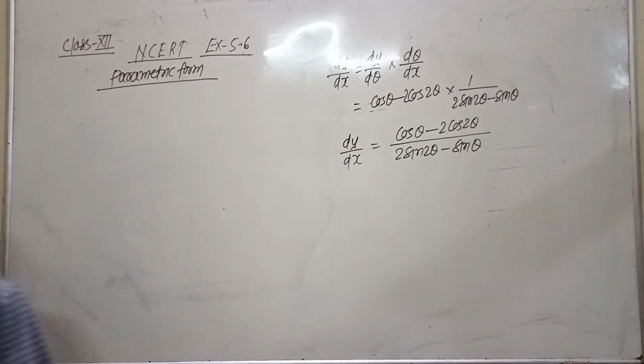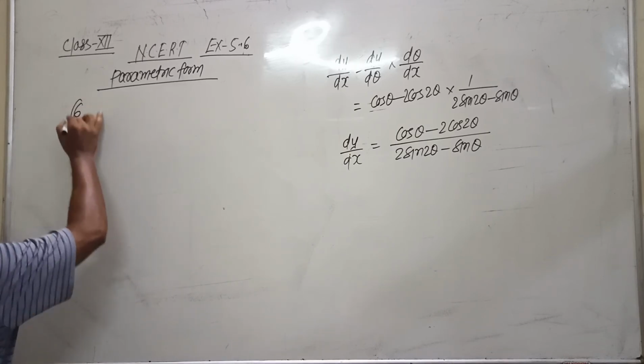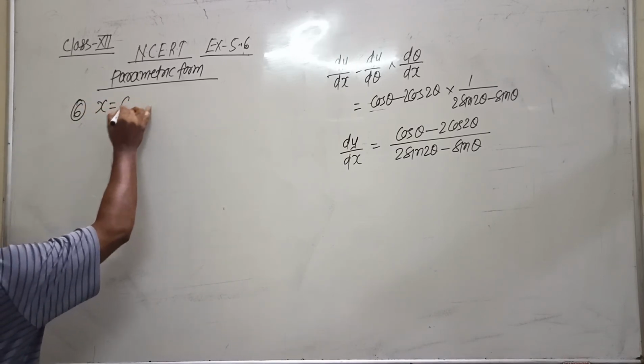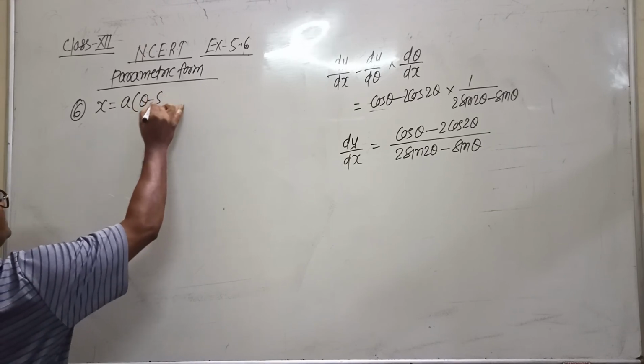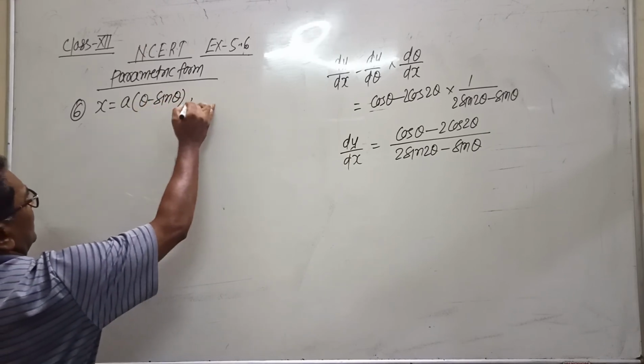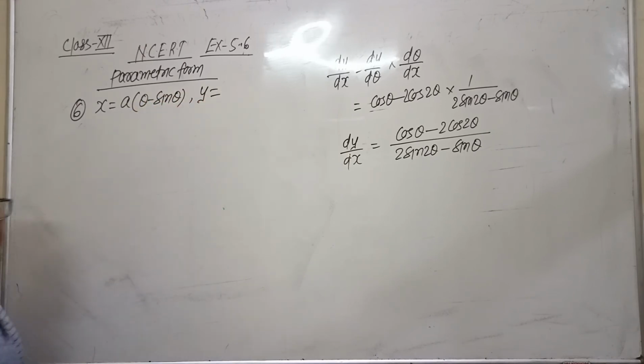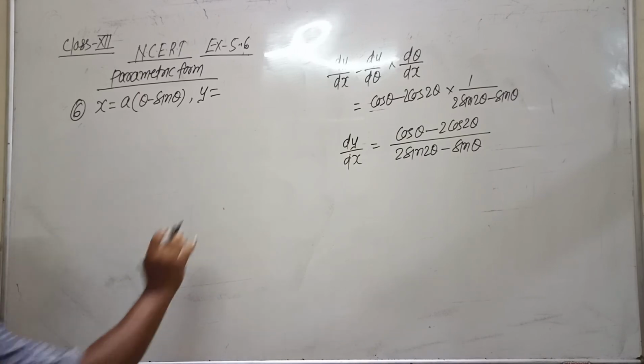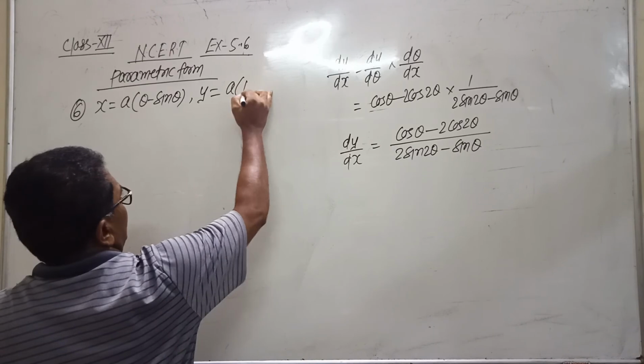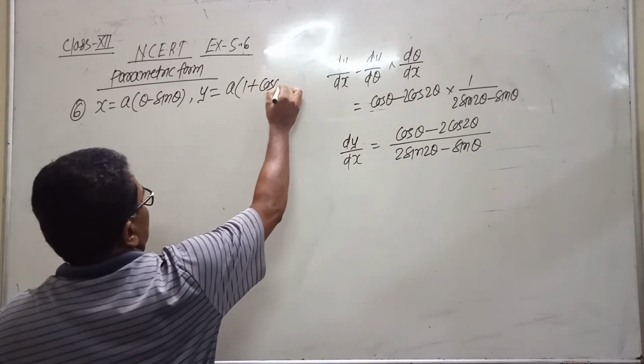Question number 6, important question. x equals a in bracket theta minus sin theta, and y equals a in bracket 1 plus cos theta.